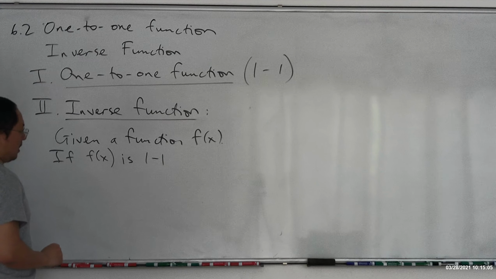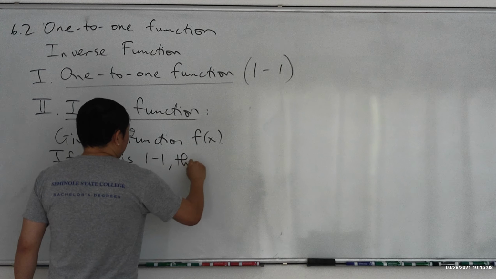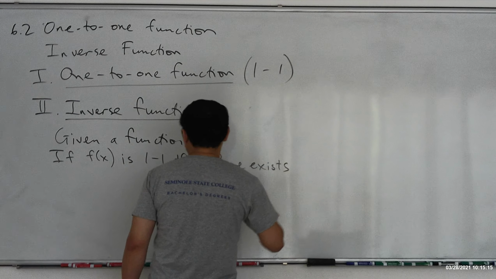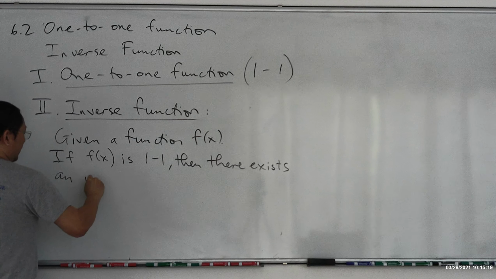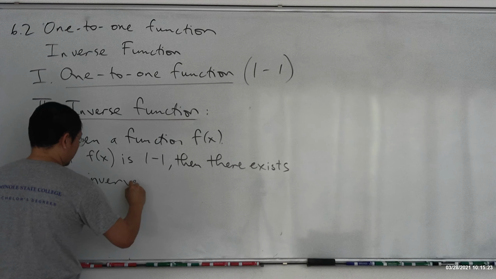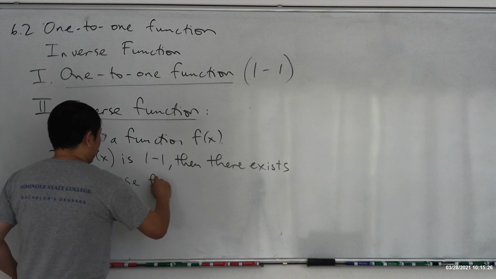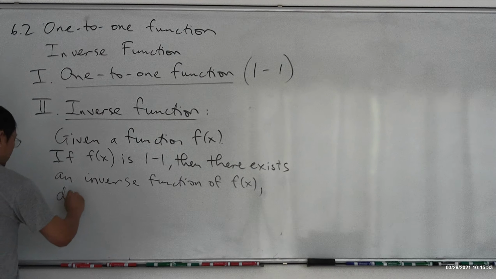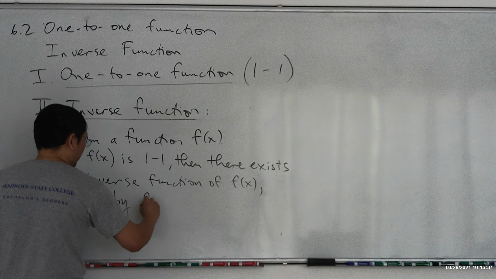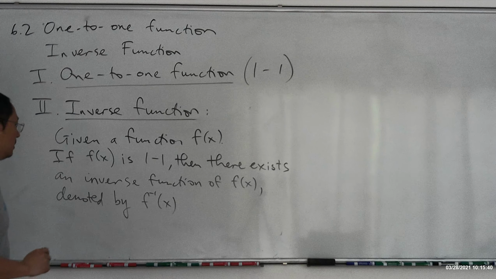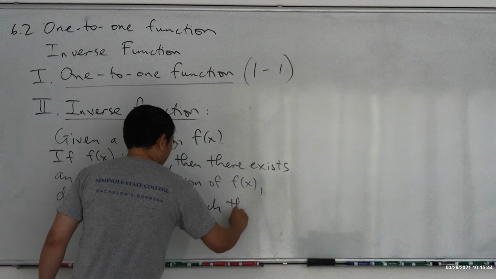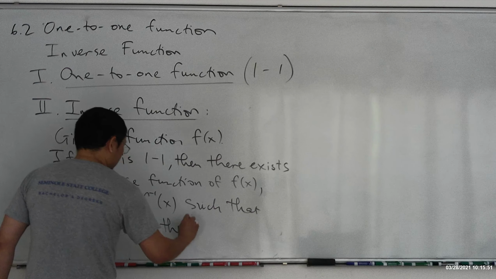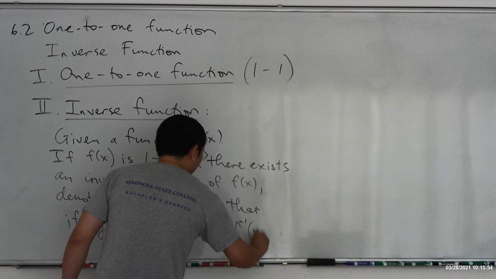If f of x is 1 to 1, then there exists an inverse function of f of x denoted by f inverse of x, such that if y equal to f of x, then x equal to f inverse of y.